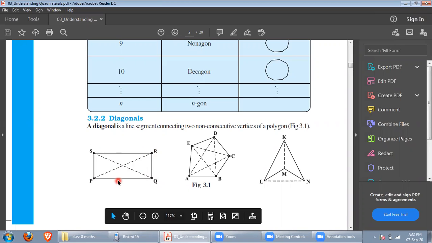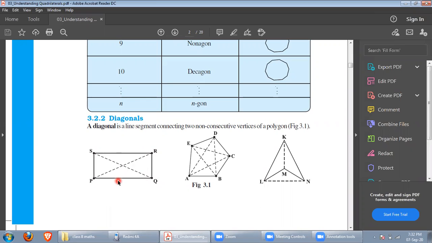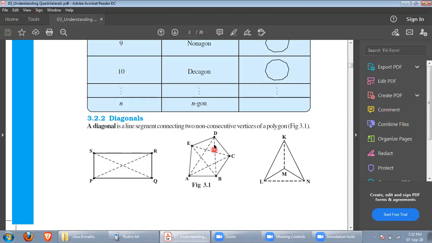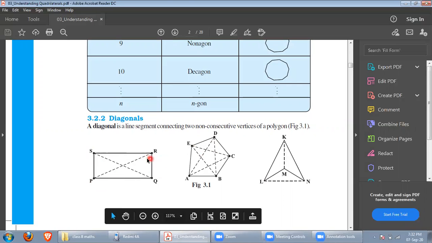And I have told you earlier also, in naming the polygon you should always use the anti-clockwise direction: P, Q, R, S. Not like P, S, R, Q. So P, Q, R, S. So a quadrilateral will have two diagonals.